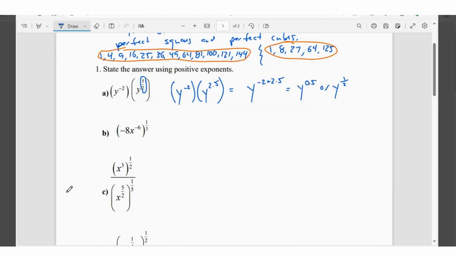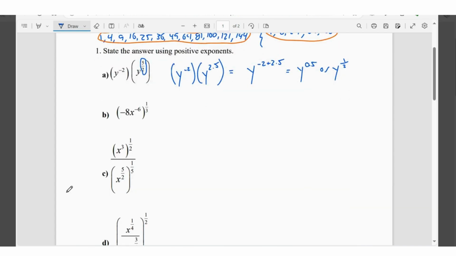This next one, remember that this is like a -8 times an x to the 6. So when we distribute this inside, we need to multiply this third by the -6, and we need to multiply it by the -8. And I guess I would first want to deal inside the brackets. We don't really want a negative exponent.